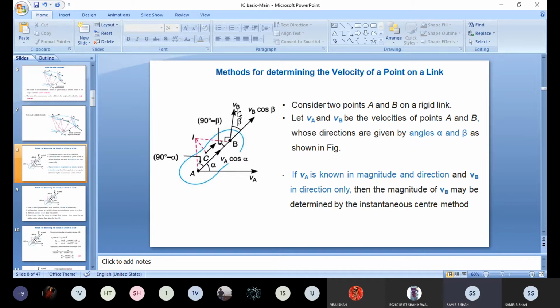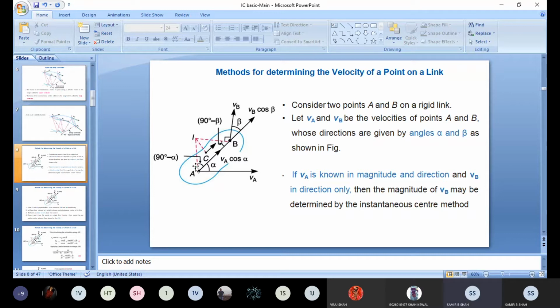Let these lines intersect at I, which is known as the instantaneous center, or we consider it as the virtual center of the link. The complete rigid link is to rotate or turn about the center I.